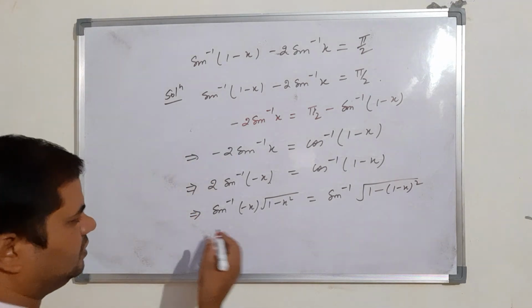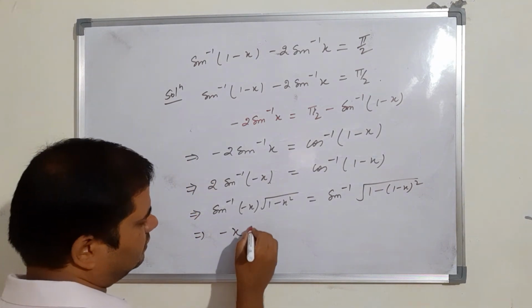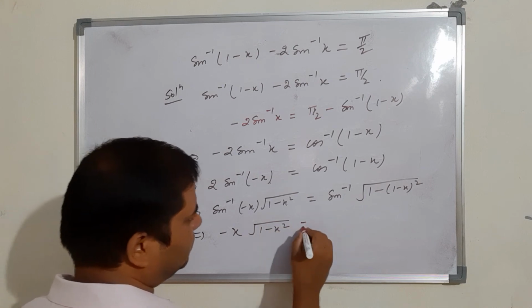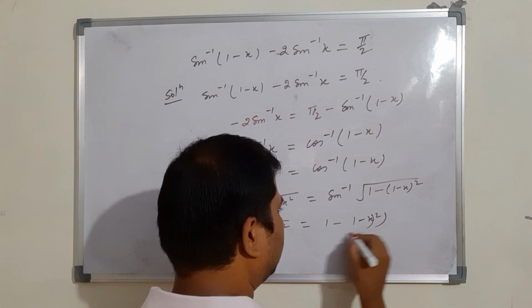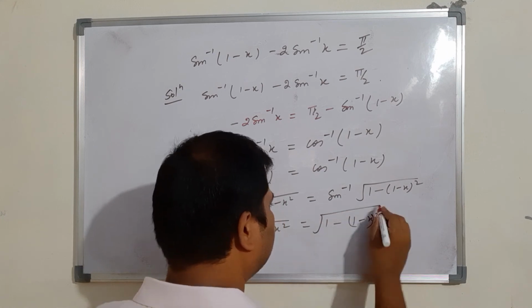Okay, so this is cancelled out, so this becomes x root of 1 minus x square is equal to 1 minus x square within square root.